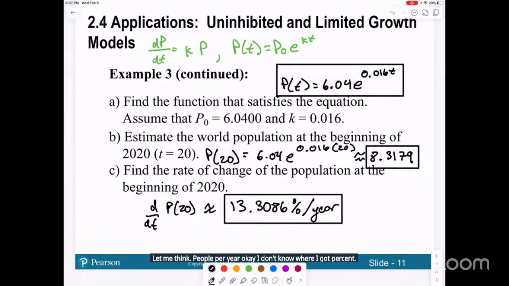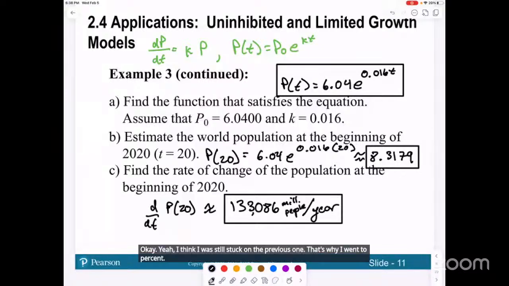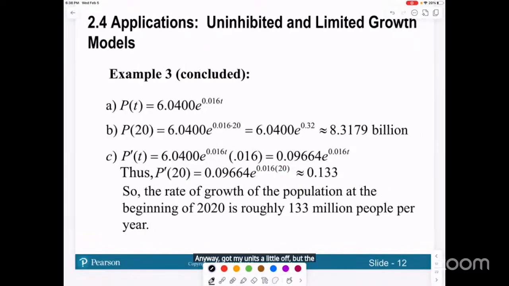Get rid of that. That was 0.13 billion. So then 133, I think it's million people. Million people per year. Okay. Yeah, I think I was still stuck on the previous one. That's why I went to percent. Anywho, got my units a little off, but the rest of it was fine.